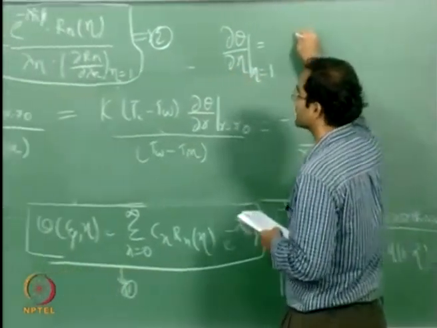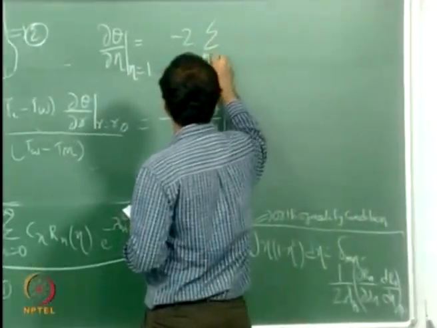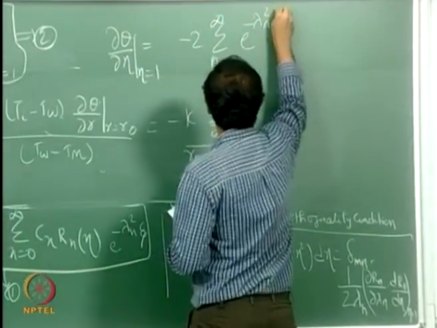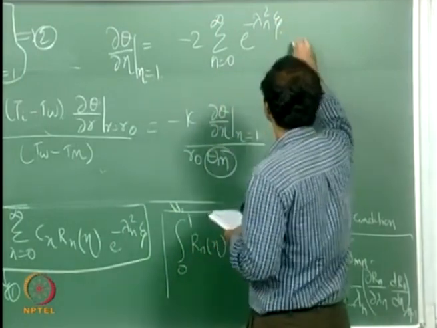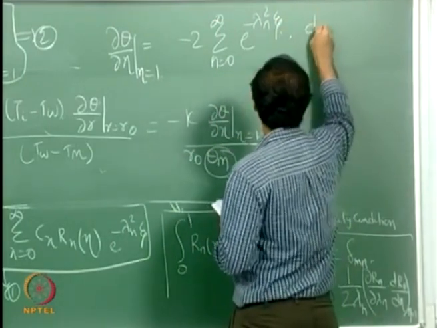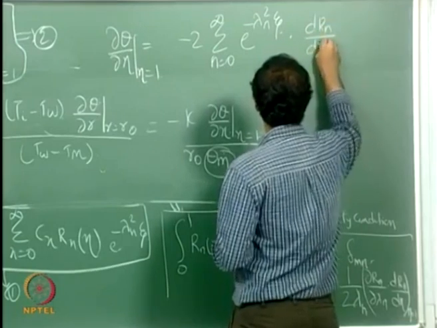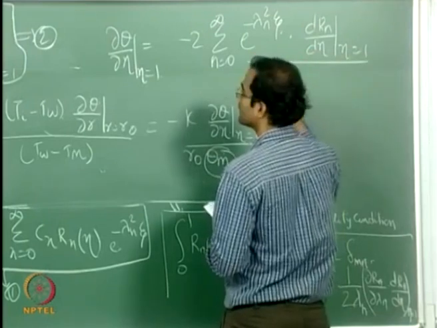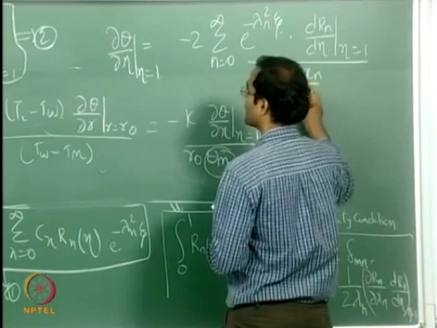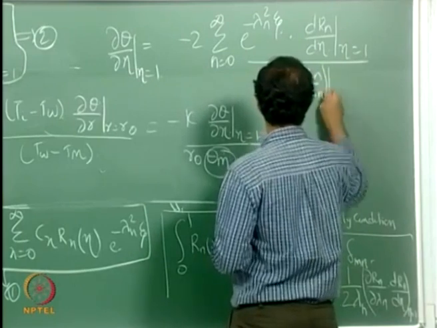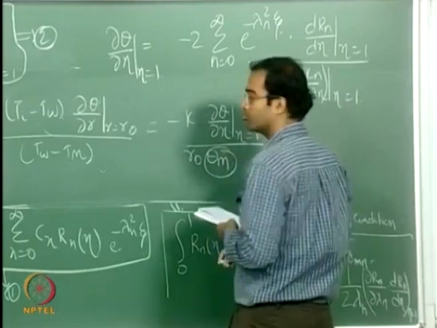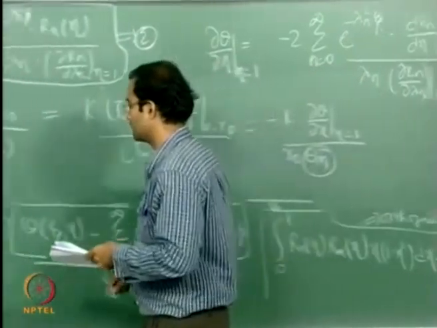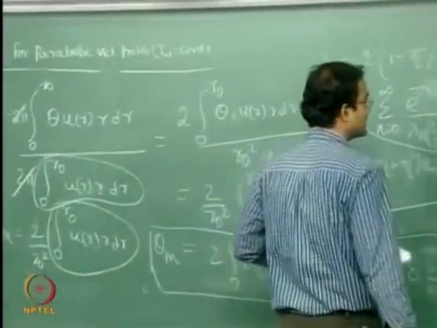Directly you can differentiate: minus 2 summation n equal to 0 to infinity e power minus lambda n square zeta into drn by d eta at eta equal to 1 divided by lambda n into drn by d lambda n at eta equal to 1. So we will substitute for theta m and d theta by d eta.